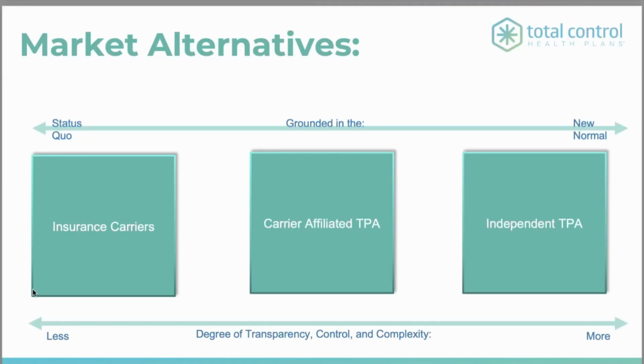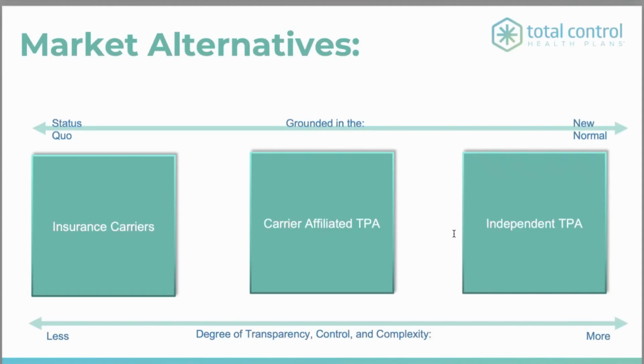On the bottom, though, we also want to talk about that there isn't a right answer to the particular question on which model is right for you. They all have pros and cons. And so as we look on the left-hand side of the spectrum, there tends to be, generally speaking, less transparency and control on the left-hand side, but also less complexity, one for the plan sponsor and two for plan participants.